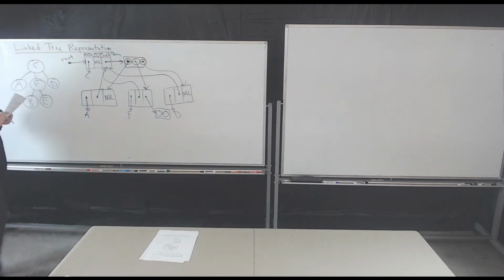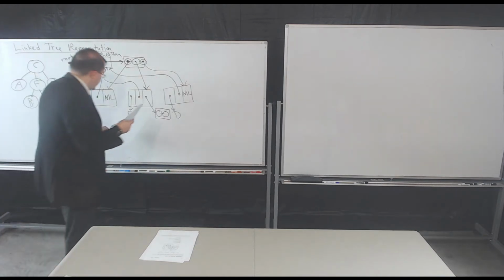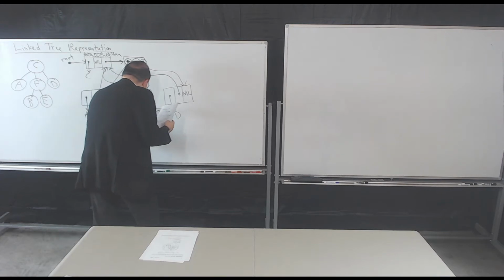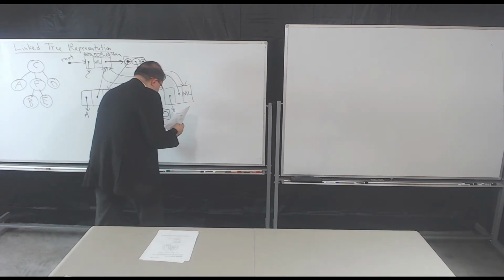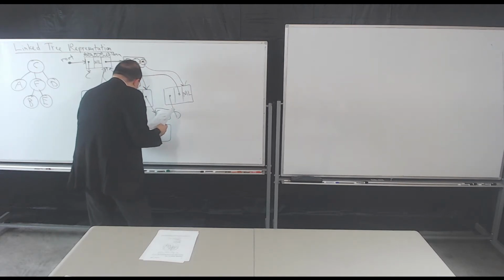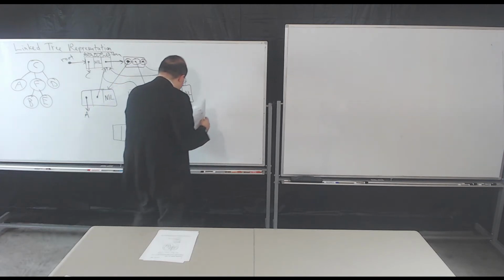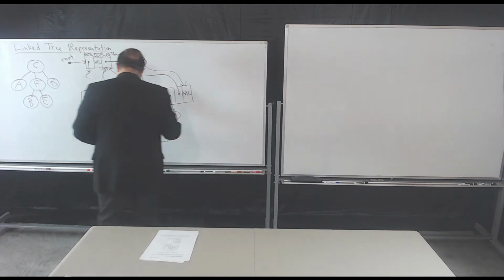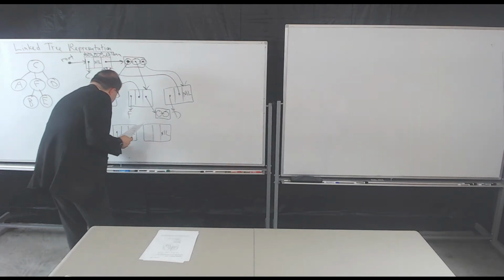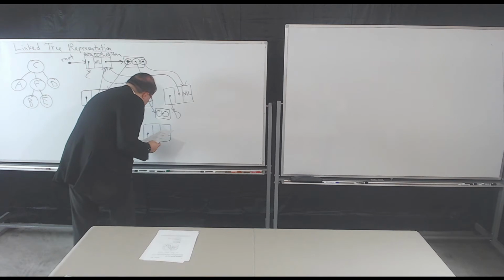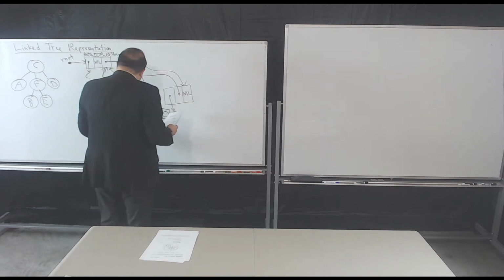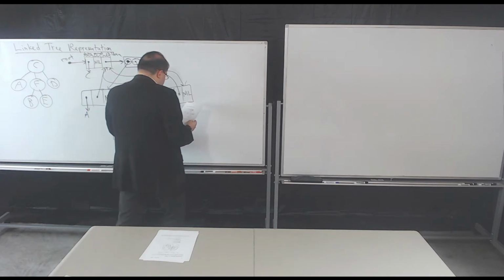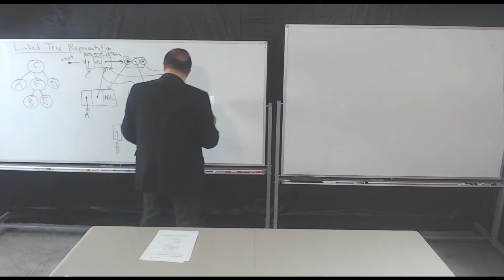We're almost done with the picture. Okay, now F has 2 children. Fortunately, both of them are leaves, so I know there are no children. So these are B and E. Then its parent is F. So there's F right there.